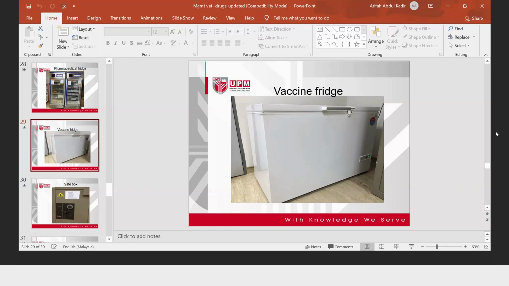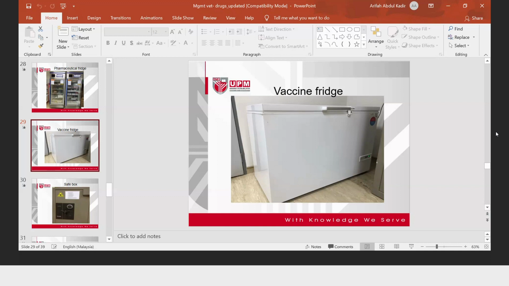So these items will be recorded in the green card, which means cards for consumables that do not have the expiry date will be recorded in the green card.